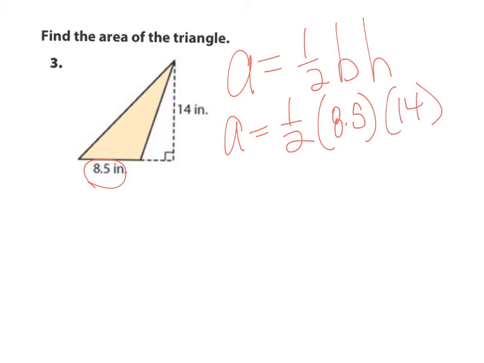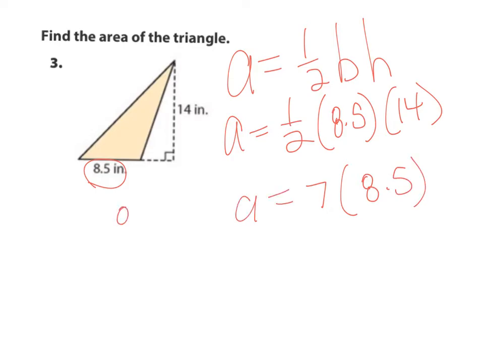Once again, because multiplication is commutative, I don't necessarily have to multiply 1/2 times 8.5. I can multiply it times 14, which is my preference, because 14 is even. So 1/2 times 14, I get 7, and then I can say 7 times 8.5. That's going to give me my area.